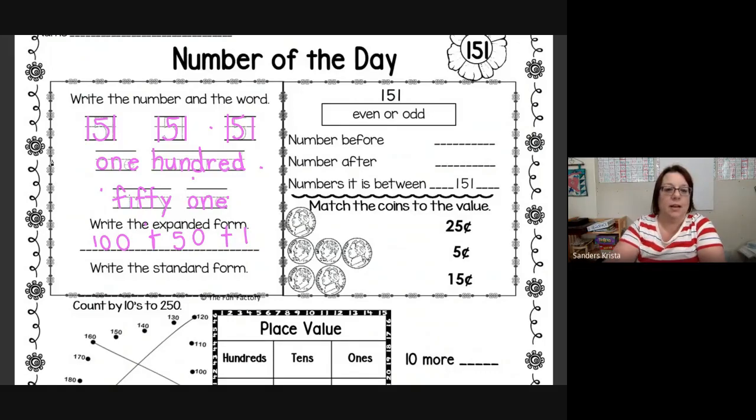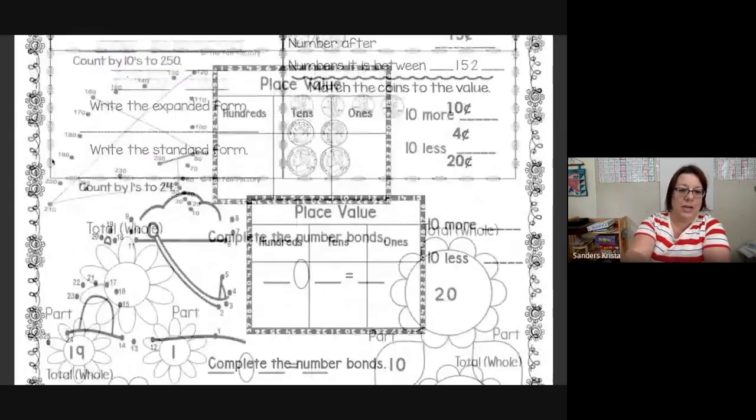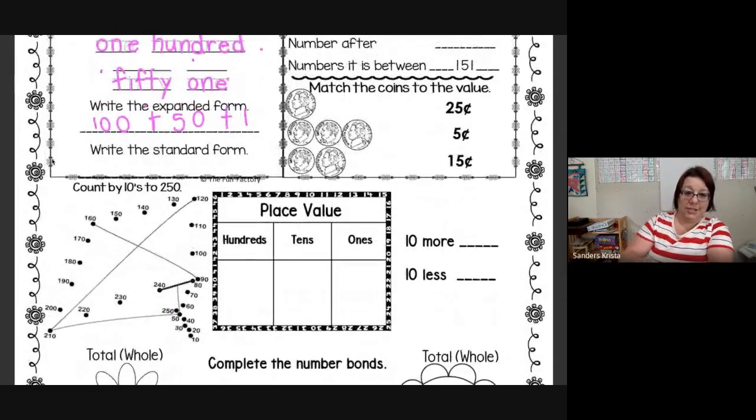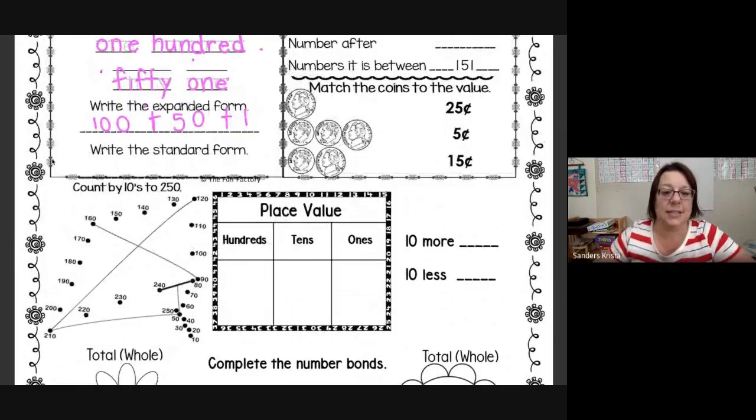Good. All right. Ooh, counting by tens to 250. I like this one. So we'll start at the 10.